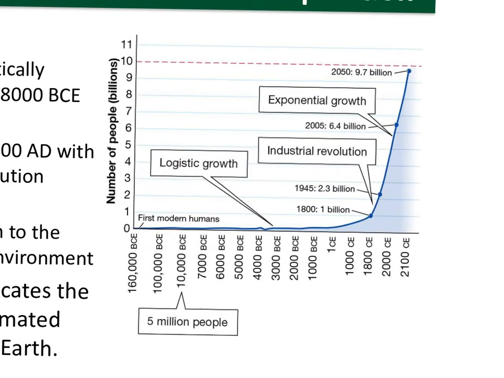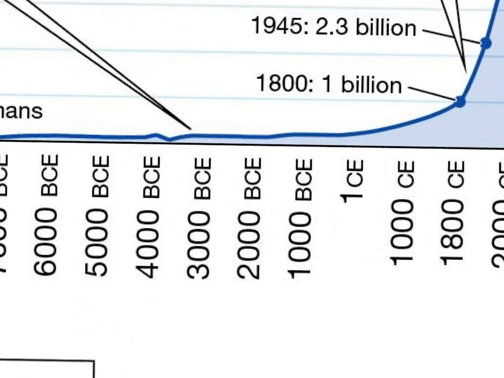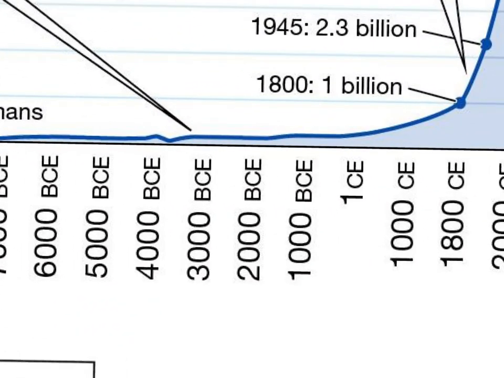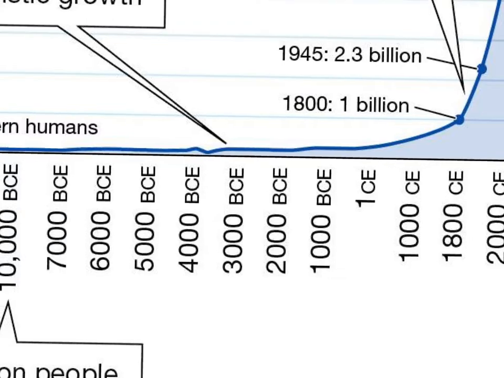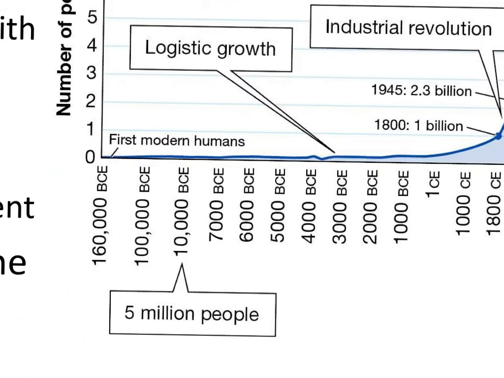So, the human population was first able to grow, probably starting at 10,000 BC, because of agriculture. Humans could grow more food than they could have before by going out hunting and gathering.